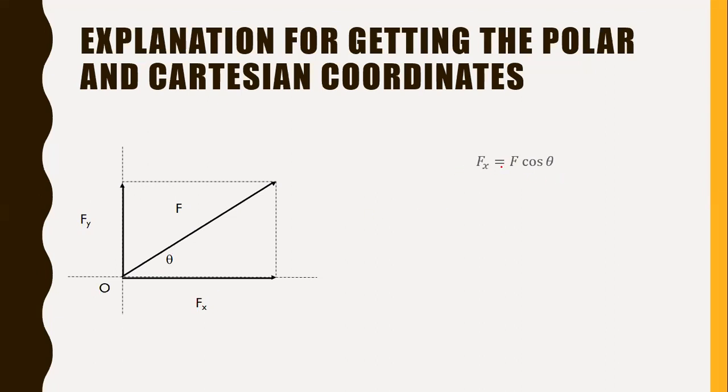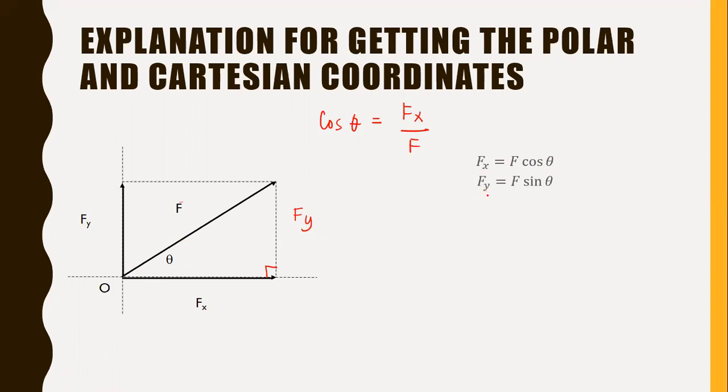Why F cosine theta? Using this triangle, this one is a right triangle, you have your Fx and Fy. Remember that cosine theta is equal to the adjacent side, Fx, over the hypotenuse, which is F. That is why Fx is equal to F cosine theta.